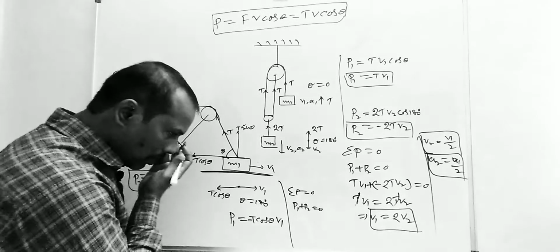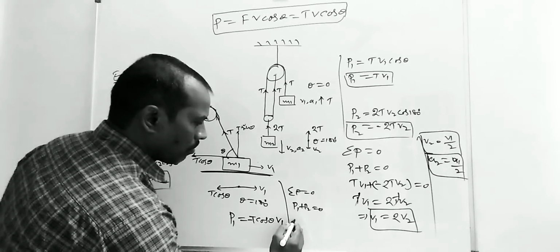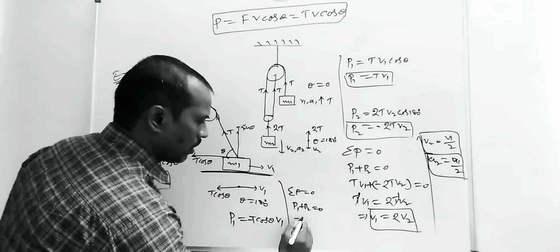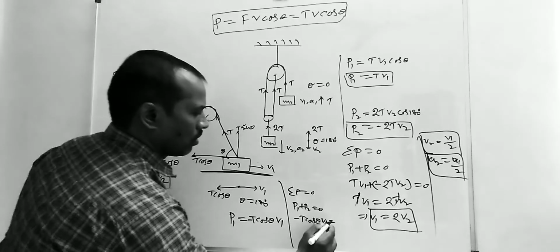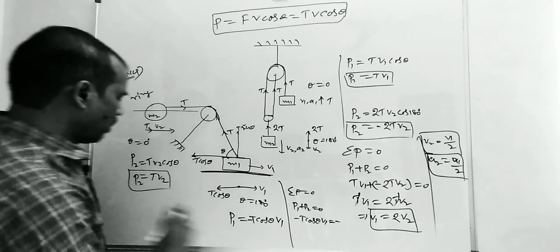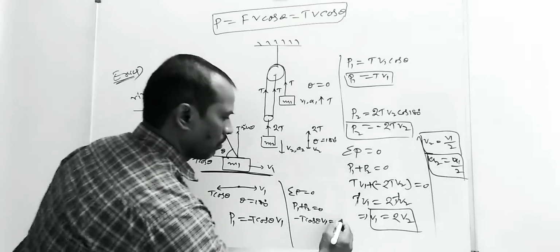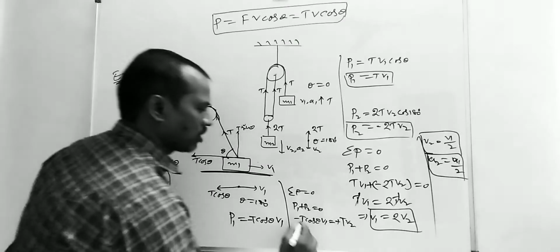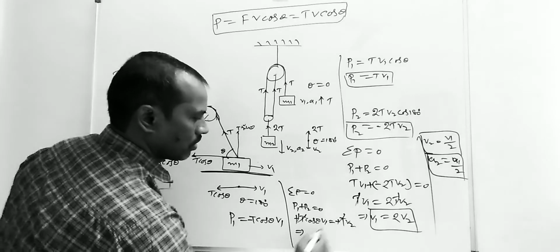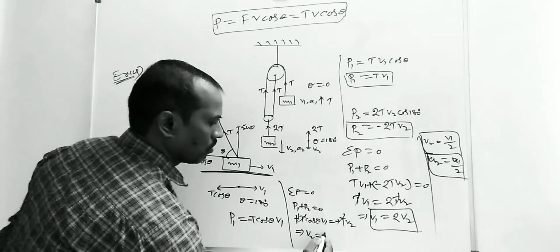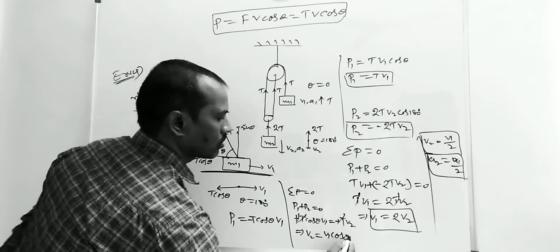So P1 is minus T cos theta V1, and taking it to the right side as negative, it equals T V2. Minus minus gets cancelled, and T gets cancelled. This simplifies to V2 is equal to V1 cos theta.